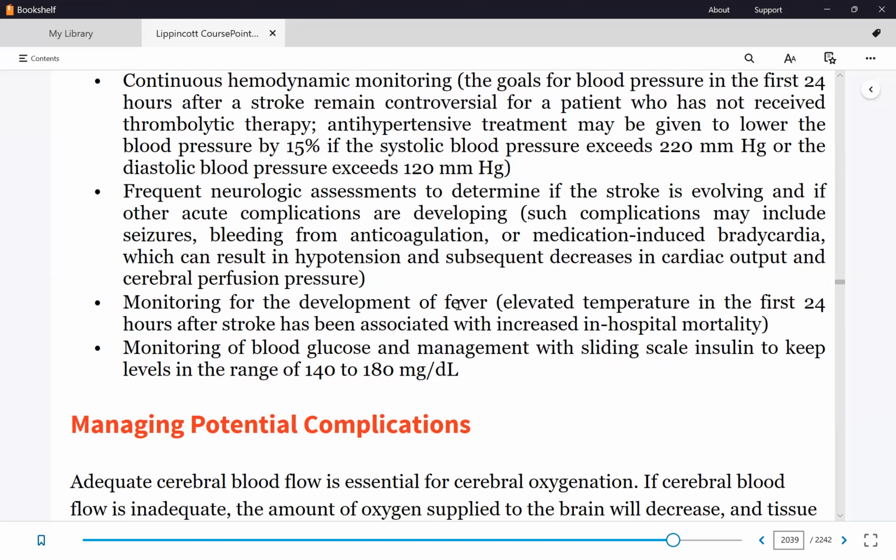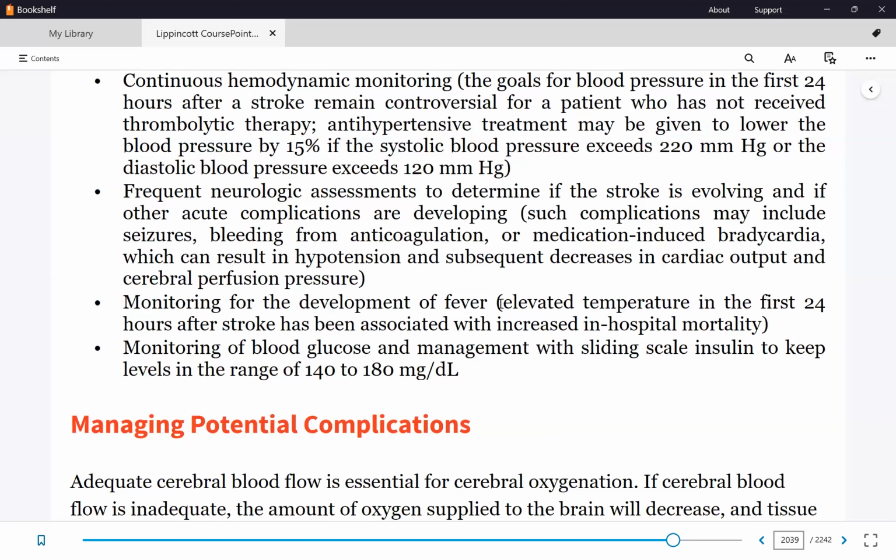And then fever. What is the effect of fever on oxygen levels and blood volume? Fever will do what to my blood vessels? Dilate or constrict them? It will dilate. So same thing as CO2, fever is also a vasodilator.